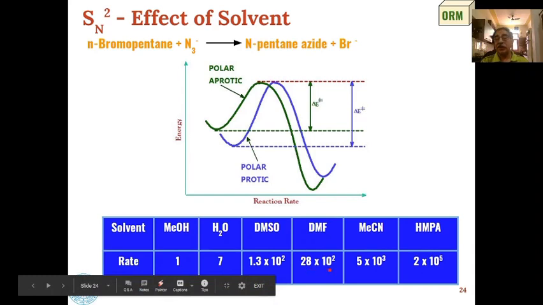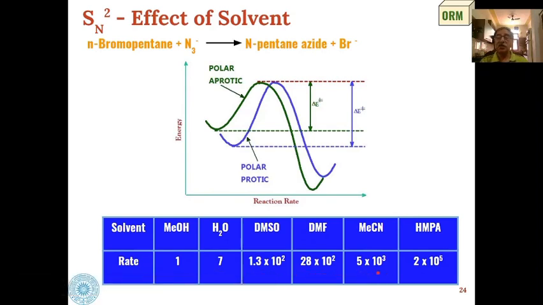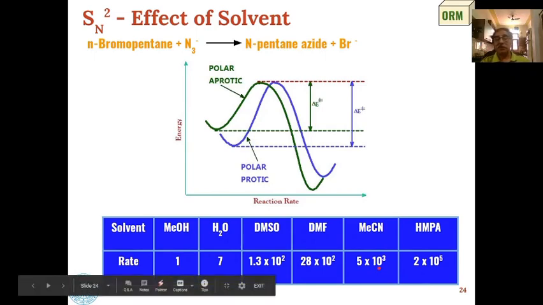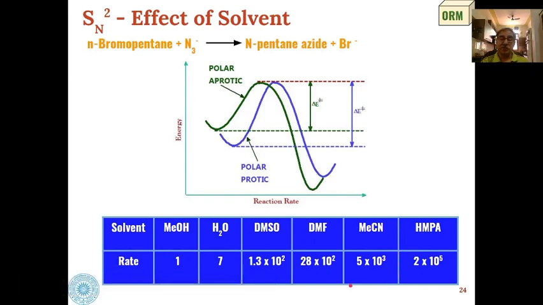And in case of acetonitrile it is 5000 times better than the methanol, and in this case it is 2 lakh times better than the methanol. So we can very much see the effect of polar aprotic solvents on the enhancement of SN2 type of reaction rate in comparison to polar protic solvents.